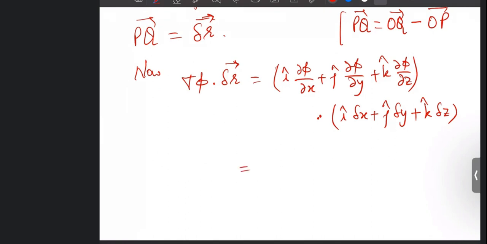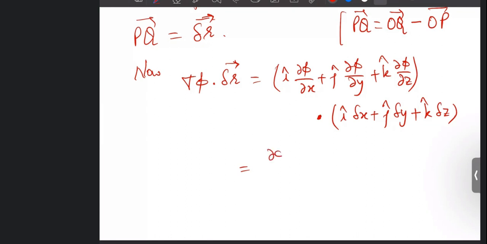As we have already considered, the dot product of two vectors is just the product of the coefficients of i and i, plus the coefficients of j and j, plus the coefficients of k and k. All others will become 0 because the angle between them is 90 degrees.